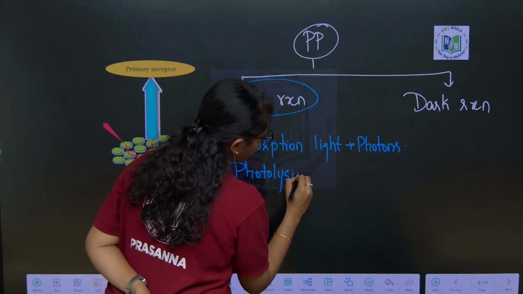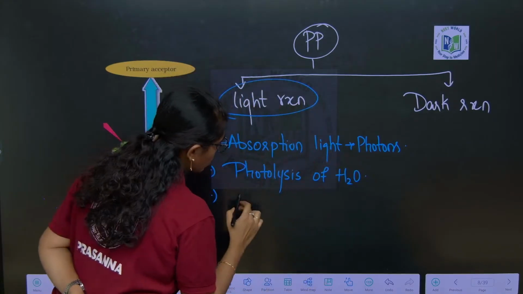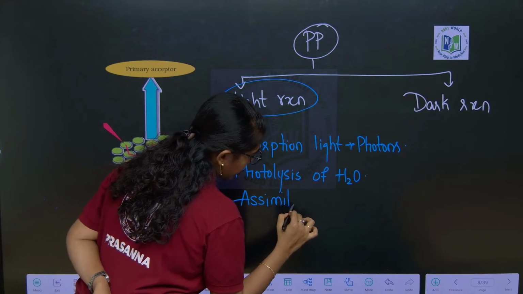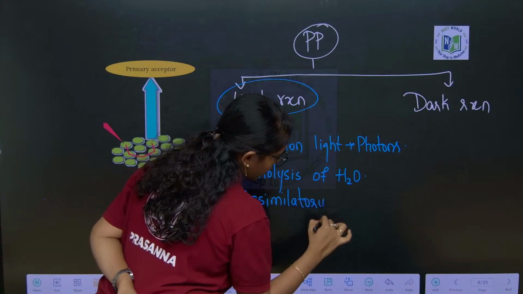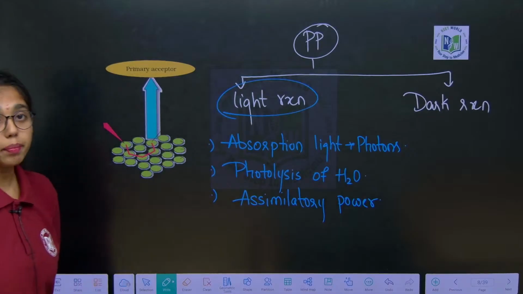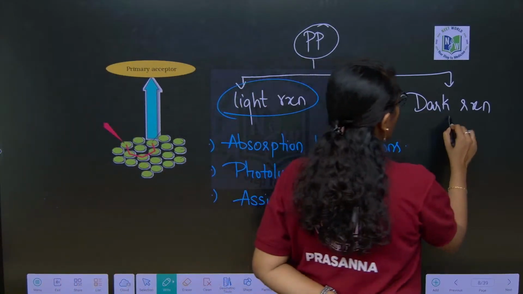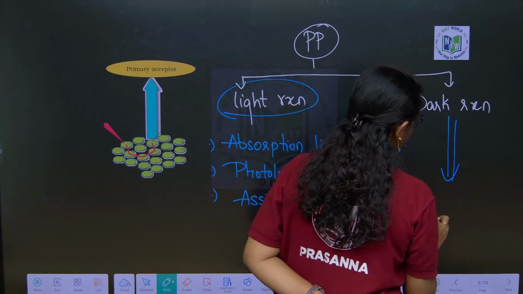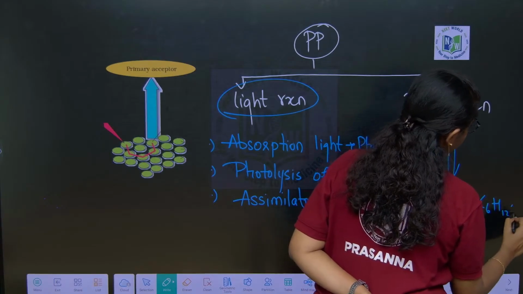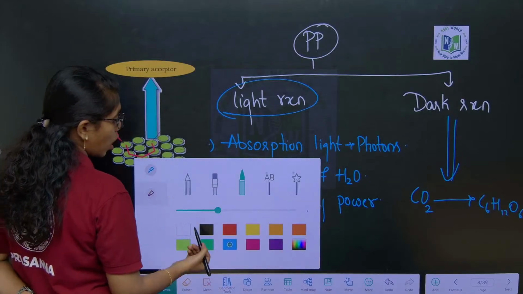Third is formation of assimilatory power. The second sequence is light independent reactions, wherein carbon dioxide is fixed or reduced to glucose. So, here what you have to remember is the sequence of reactions.